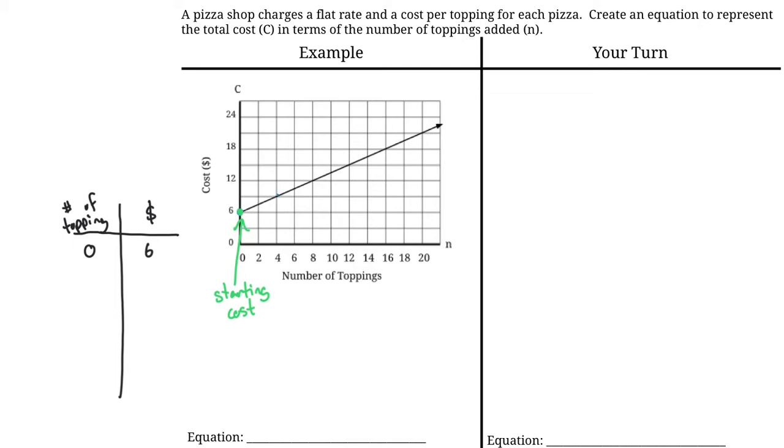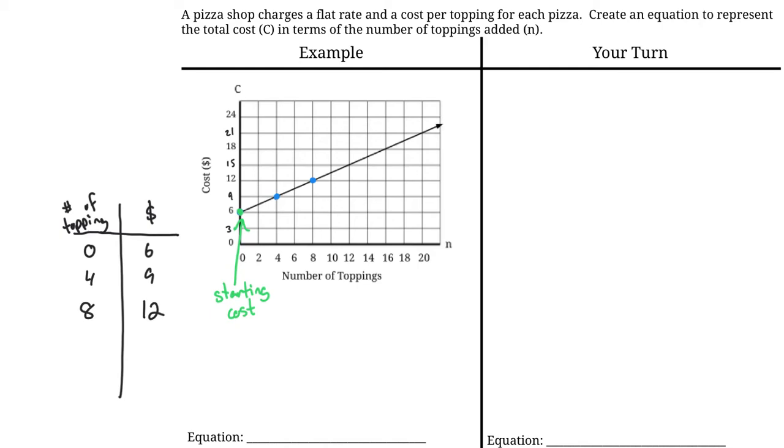And we can start filling out some other points here. And it looks like our y-axis is going up by $3. So when we have 4 toppings, the cost is going to be $9. And for 8 toppings, our cost of the pizza is $12.